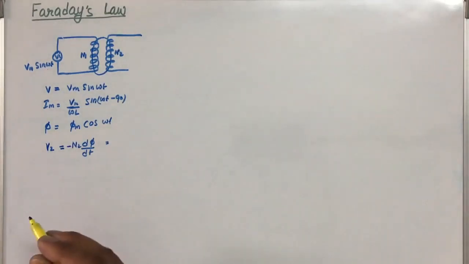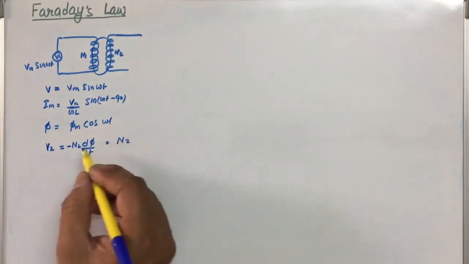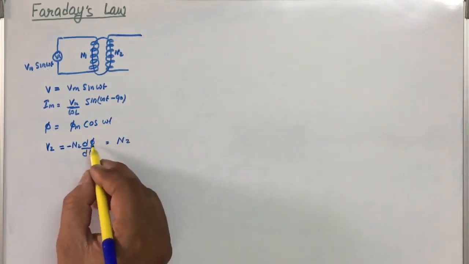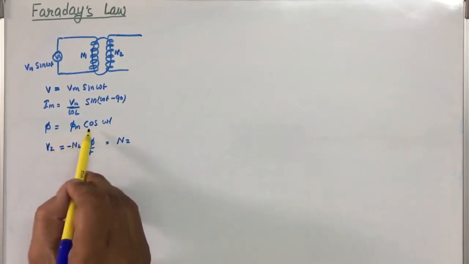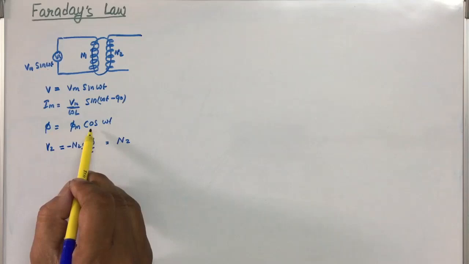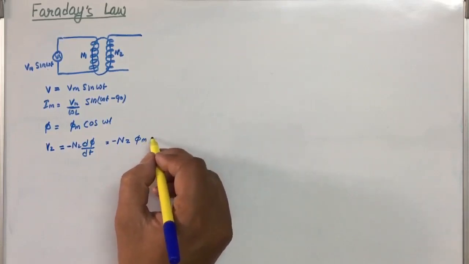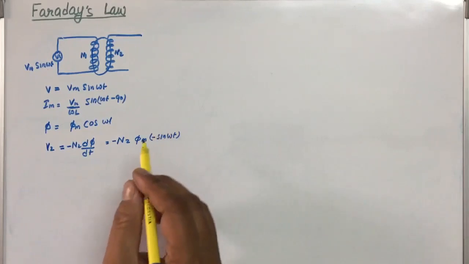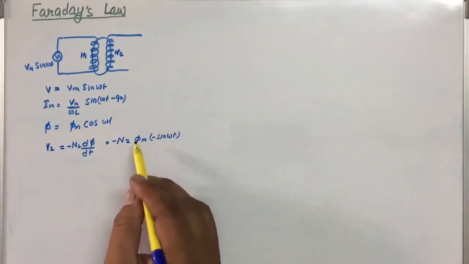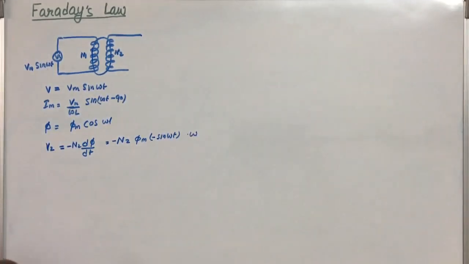By Faraday's and Lenz's law, the negative sign should be there, and it can be written as minus. If we differentiate it, this value will be out, and differentiation of cos will give a minus sign, so it should be phi m minus sine omega t, and as we are differentiating with respect to time, omega will also come out.